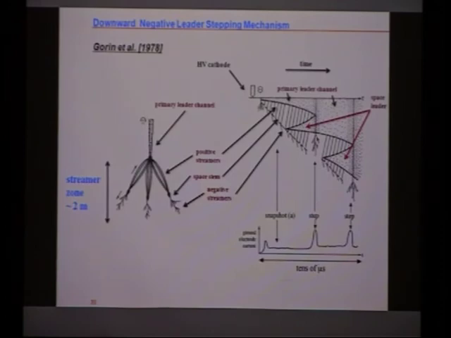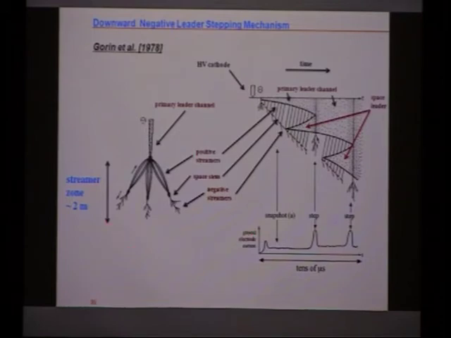The mechanism that was inferred from long spark experiments is illustrated here, taken from Gorin and Hall in 1978. On the left, there is a static picture illustrating the structure of the streamer zone right here. This one is the time resolved image, and the corresponding current record is shown here.